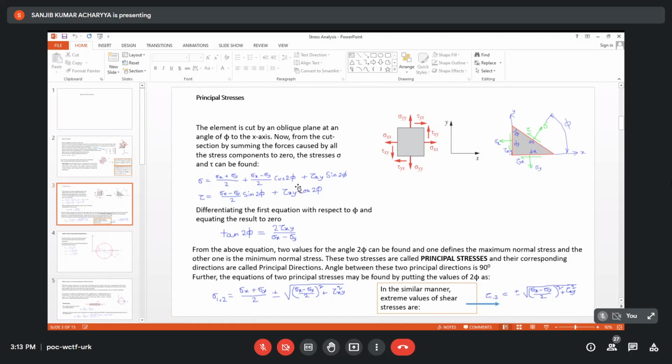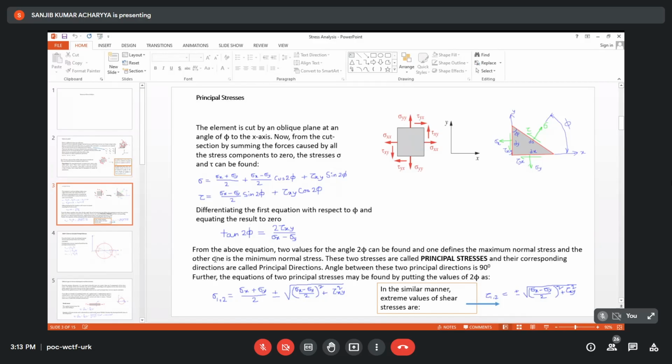Yes, sir. So equating del sigma del phi equal to 0, we can solve for phi, and because at two different phi it will be 0, knowing those two phi, if we put in the equation, we will get this expression for extreme values of the normal stresses.